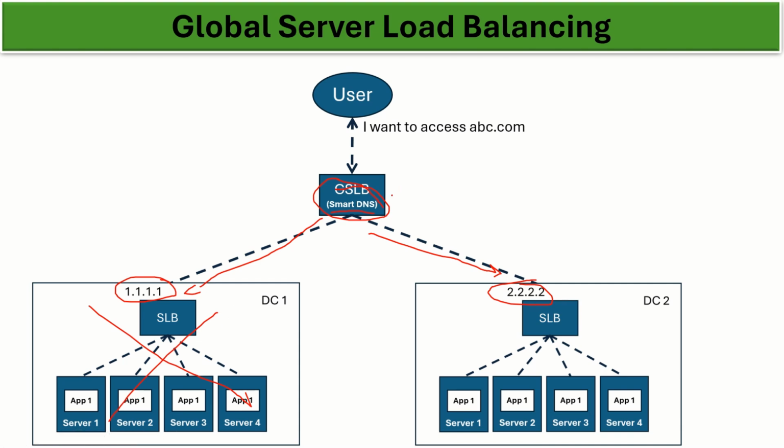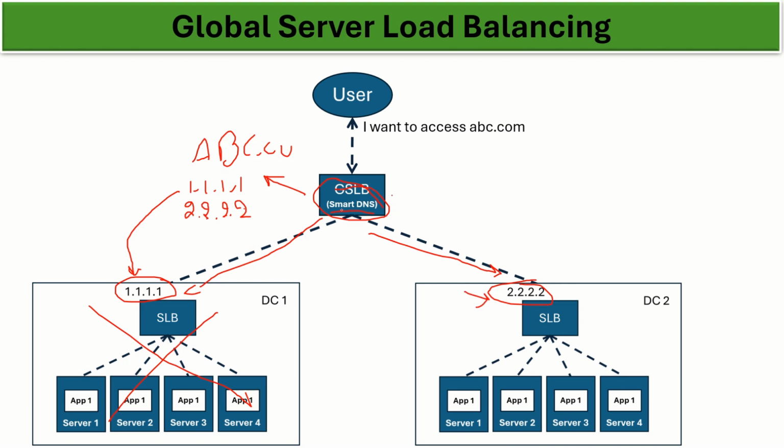Now GSLB has the primary entry for abc.com as 1.1.1.1, and the secondary entry as 2.2.2.2. If you look here, 1.1.1.1 belongs to the data center 1 server load balancer, and 2.2.2.2 belongs to data center 2, right?